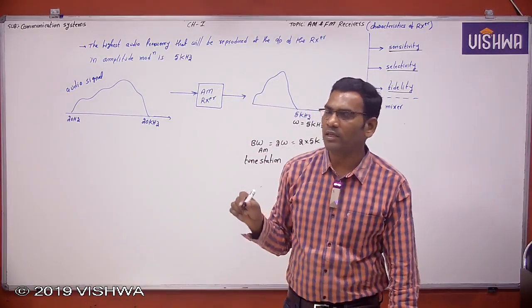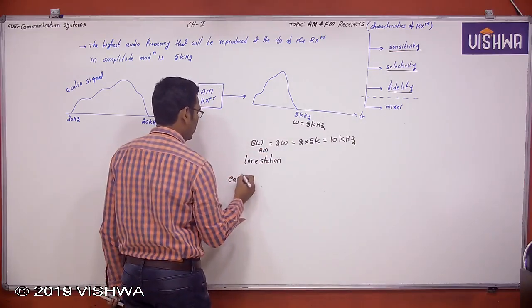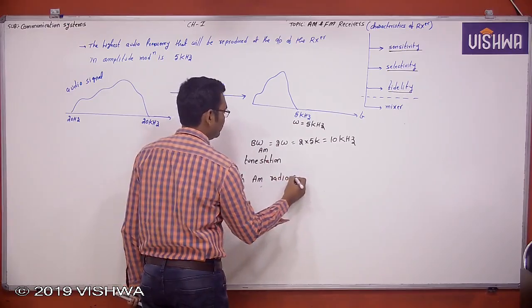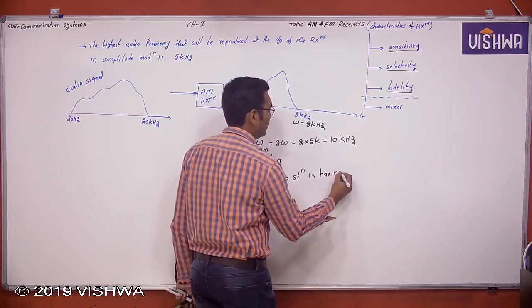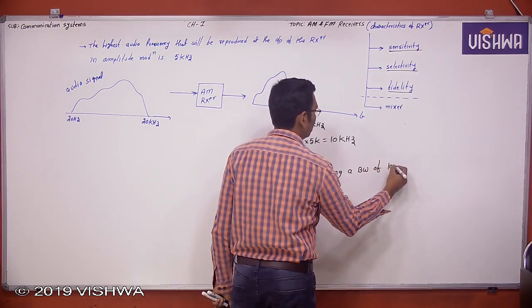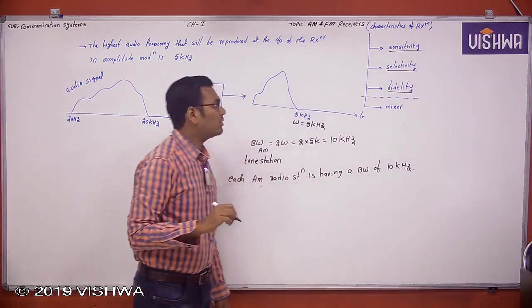Therefore, each AM radio station is having a bandwidth of 10 kHz. Clear or not? Okay, now done.